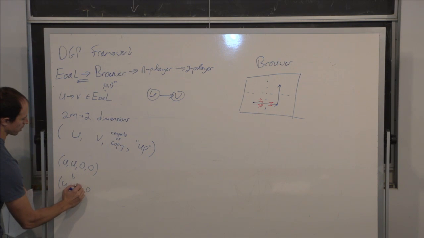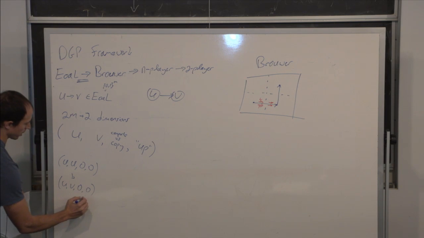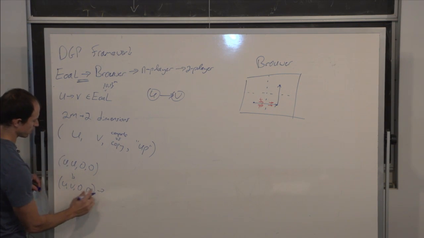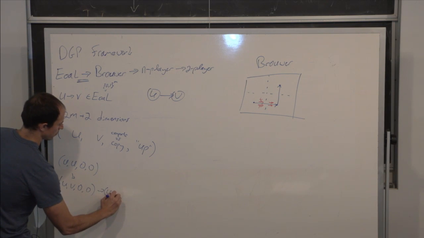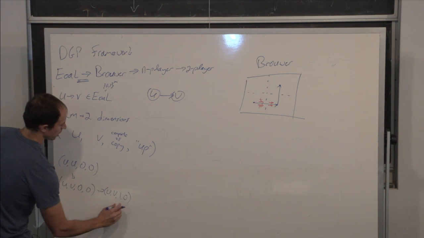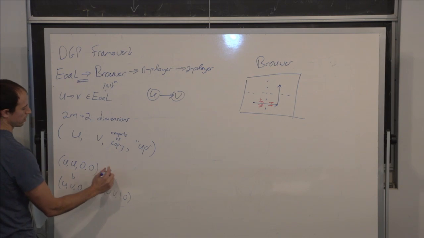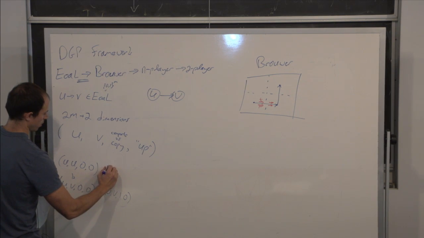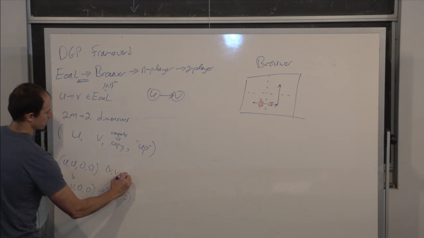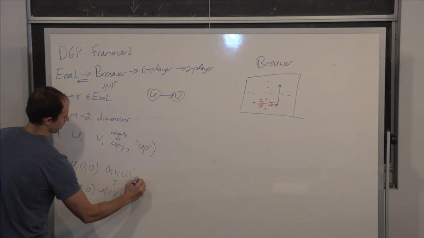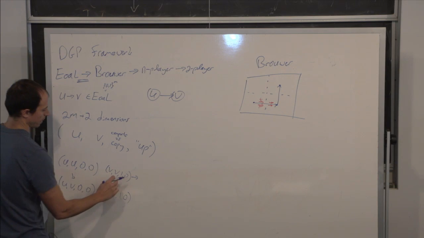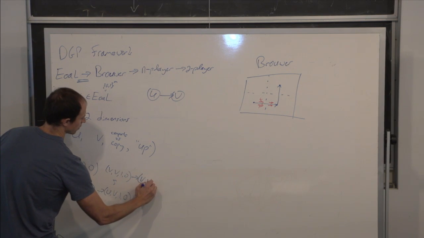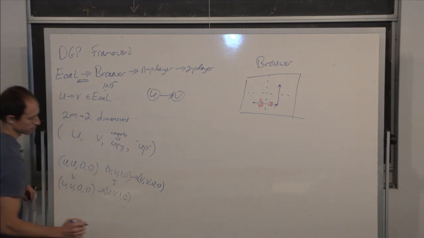So this was a compute next move, and then I want to switch this bit, so I'll have u v 1 0, and then I'm in copy mode, so I'll go to v 1 0, and then I'm reversing this bit again, so I'm going to v 0 0.